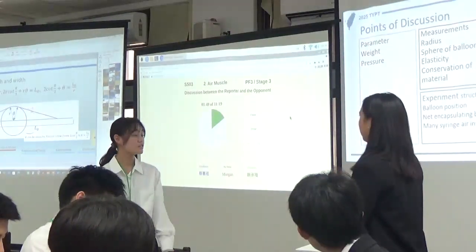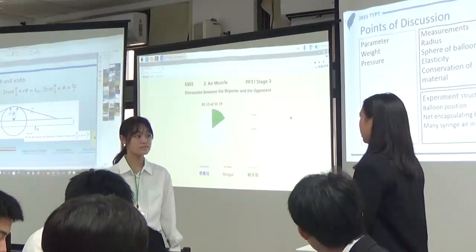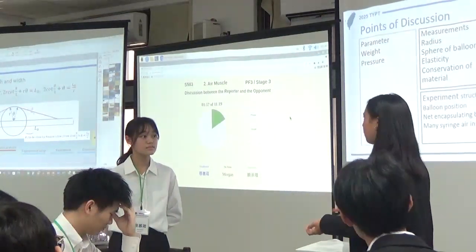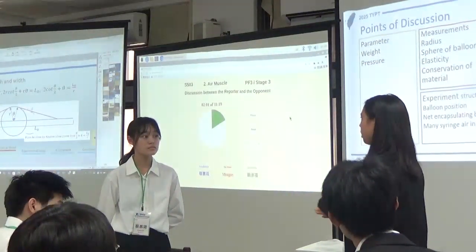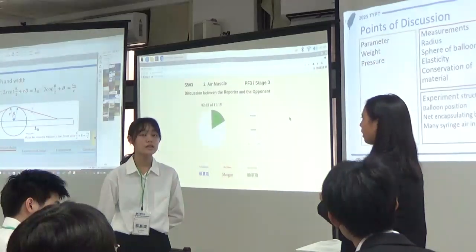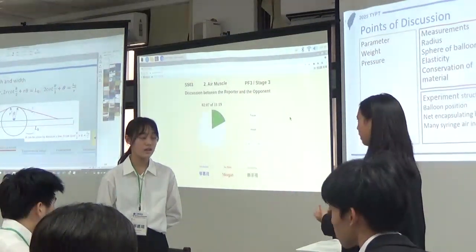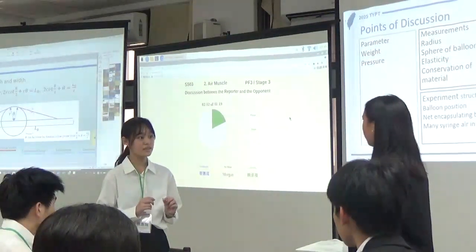I think you meant a syringe, you have a syringe that puts pressurized air into the system, right? Because you use a syringe, wouldn't there be air inside of the syringe or the tube leading up to the balloon that you don't account for? Therefore, not all the air that's being pushed out goes into the balloon for it to expand. Yeah, it may be, but it's minor. Okay. It's just minor.